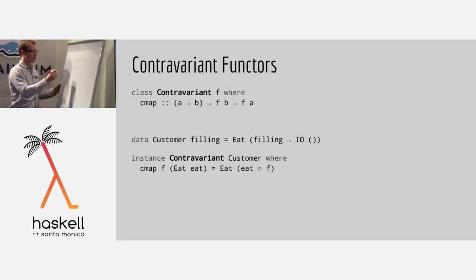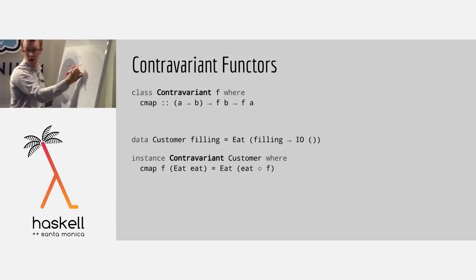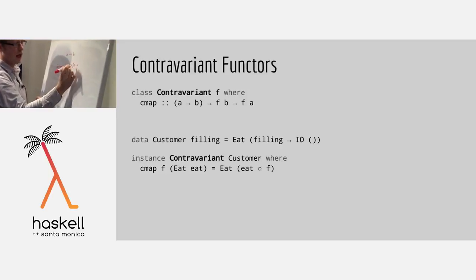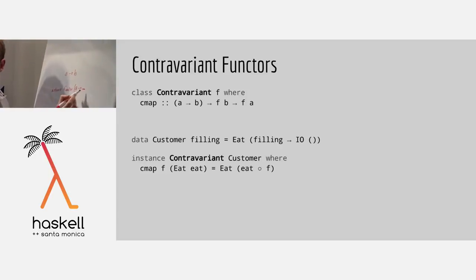Okay, so let's say I want to write an instance of functor for the second argument. Let's say we fix the first argument, and we want to show that it's functorial in this piece.